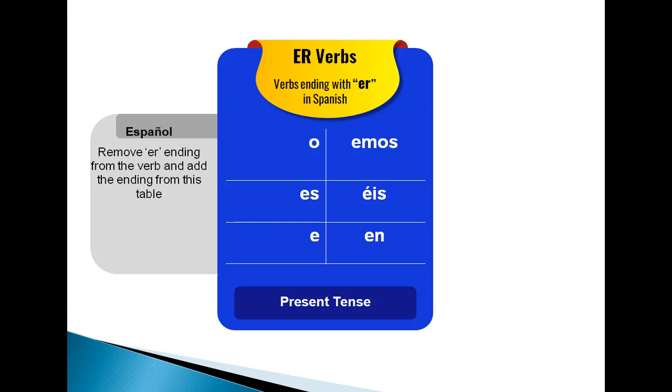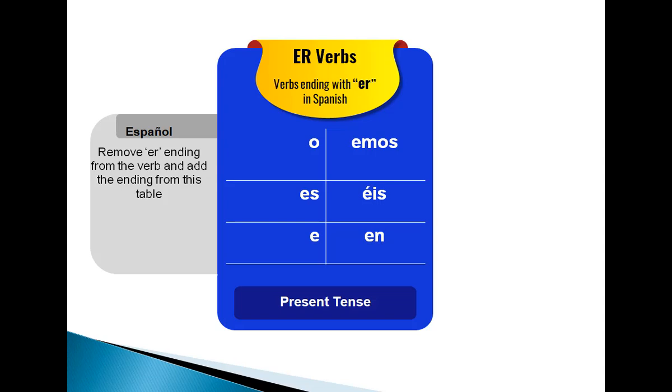So for yo form, it's O. Tú form, es. Usted, él, ella form, e. Nosotros, emos. Vosotros, éis.